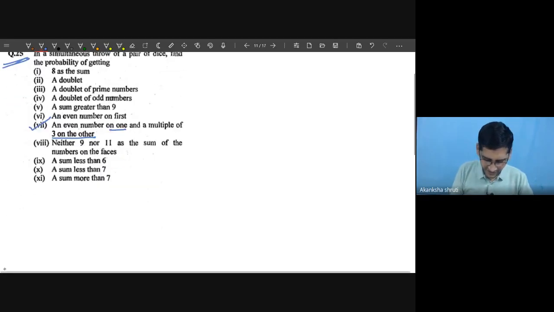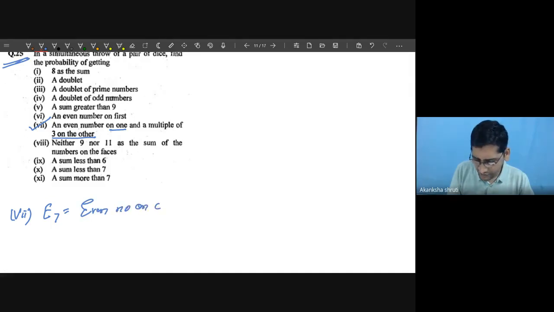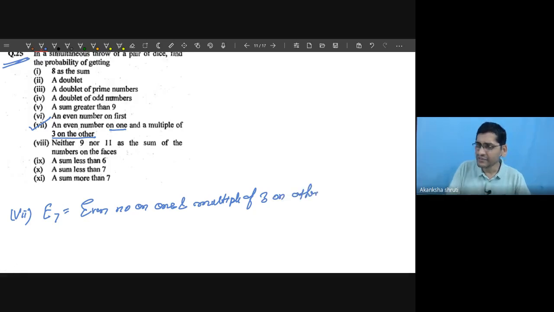So let me write the event for this 7th question. E7: even number on 1 and multiple of 3 on other. Means what it can be? Even number on 1.